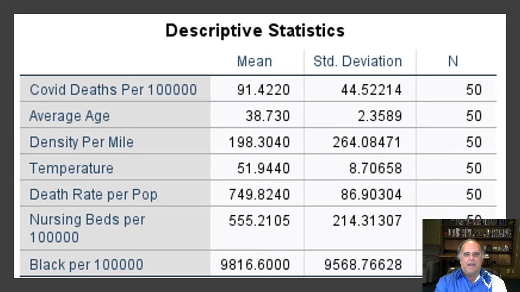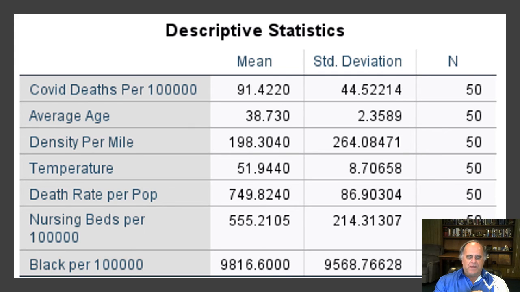The death rate per population. Now what that is, and that's again per 100,000, is how many people in that state die from all causes. And I went back a couple years to get that, so I think that's from around 2015 for each state. And I thought that might be an indicator of general health or wellness in the state. And so I put that in as a variable, the death rate for the state per 100,000. Nursing beds per 100,000.